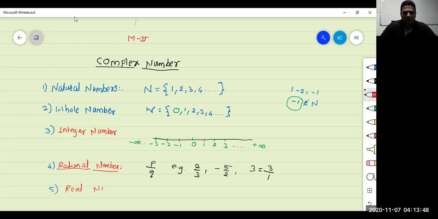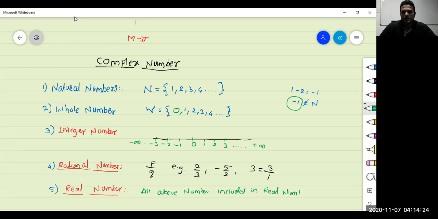Real numbers include rational, irrational forms and all the above. All the above numbers are included in the real numbers.